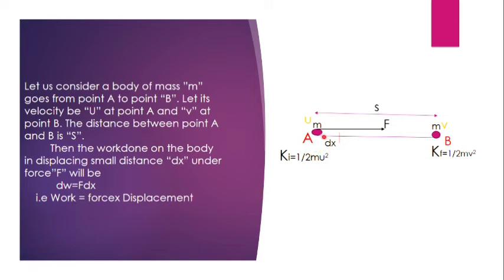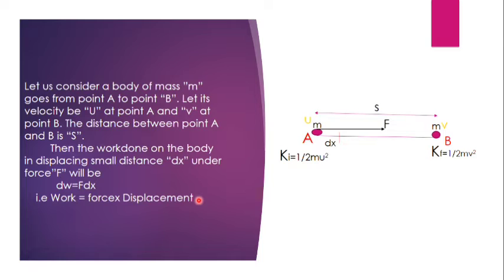Since it has traveled a small distance, we have to integrate this small work done from point A to point B, a distance s, to get the total work done.